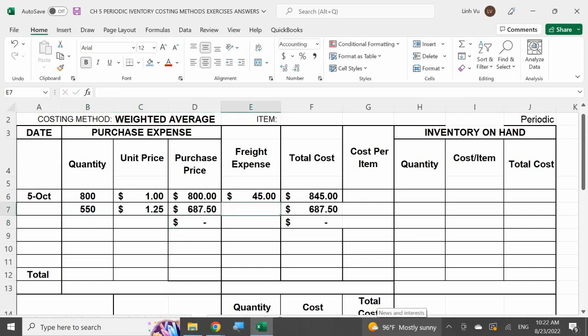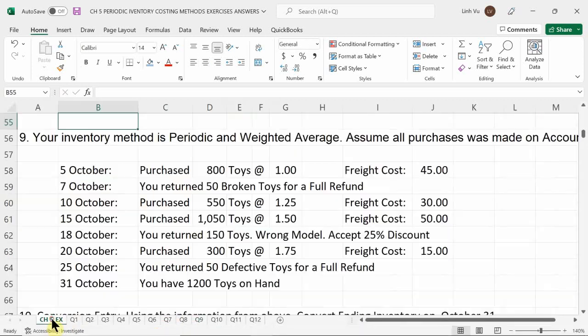Okay, so 550 at 125 gave me 687.50, plus $30 worth of freight should give you $717.50. Let me double confirm that. You purchased 550 at $1.25 with a freight of 30.